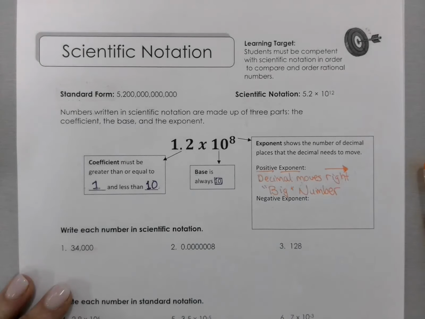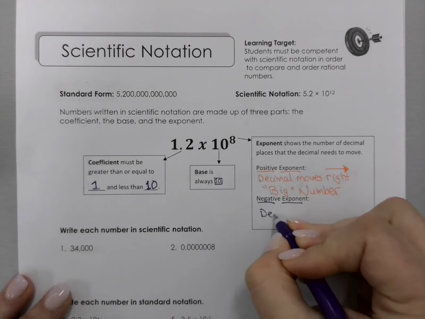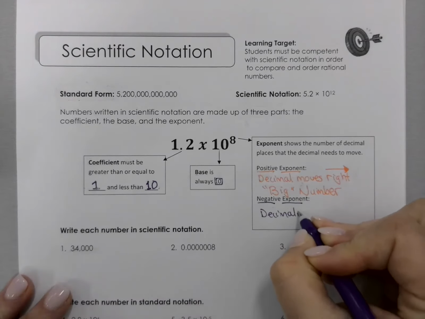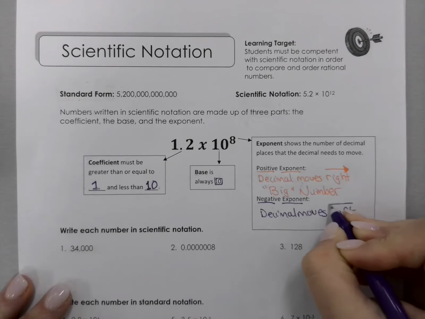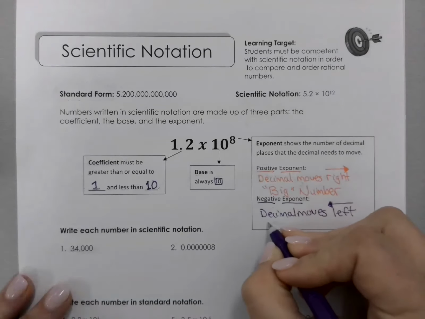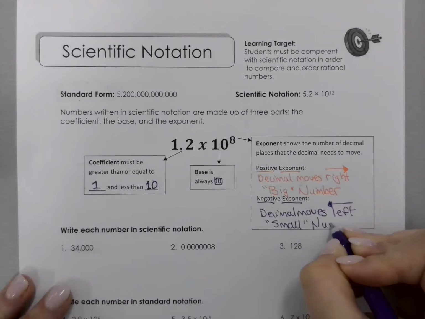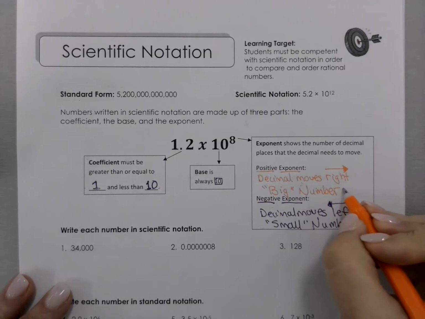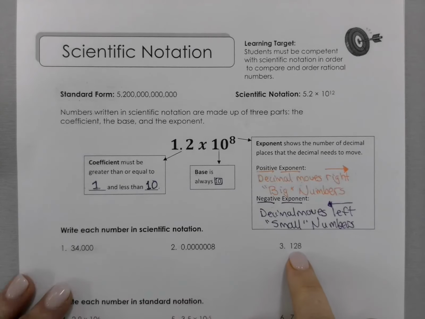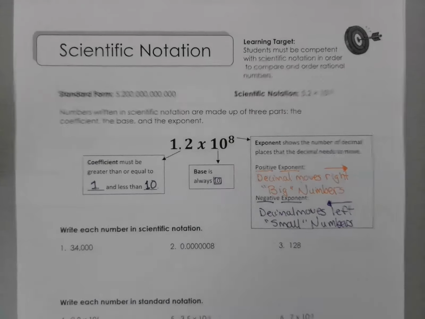With negative exponents, my decimal will move left. So the opposite way. And that is when I see small numbers. And I put those two words, big and small, in quotations because, quite frankly, sometimes, as you can see, 128, not such a big number, right? So let's take a little look at how to do these things.